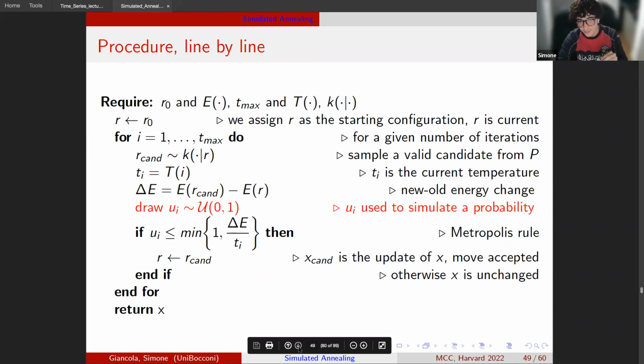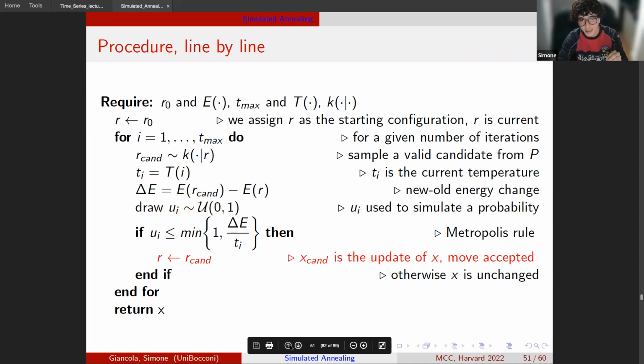But if the probability of accepting... oh, this is getting stuck again.